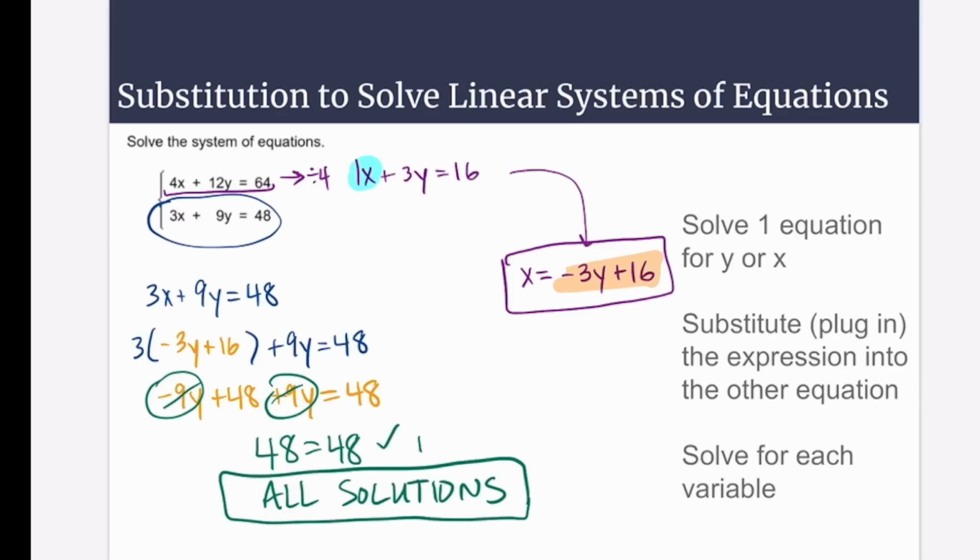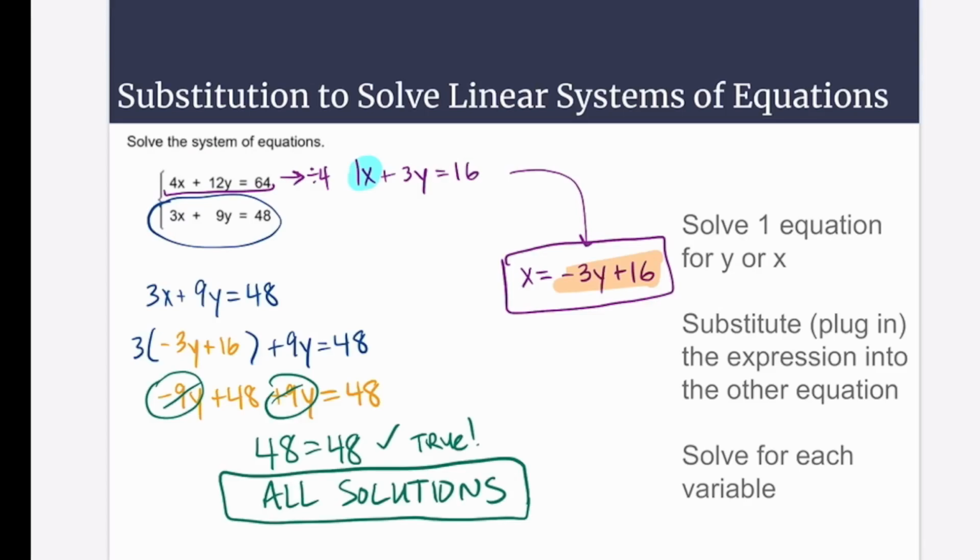Because 48 is actually equal to 48, I know that it doesn't matter what I plug in for y or x, these are going to be the same every single time. The other scenario you would get is if those are not equal. So if you get 45 equals 48, that's not true. So that would be no solution. This is a special case that we're talking about.